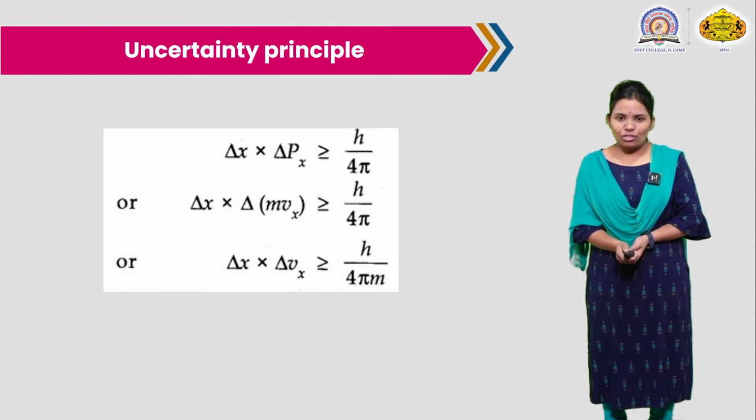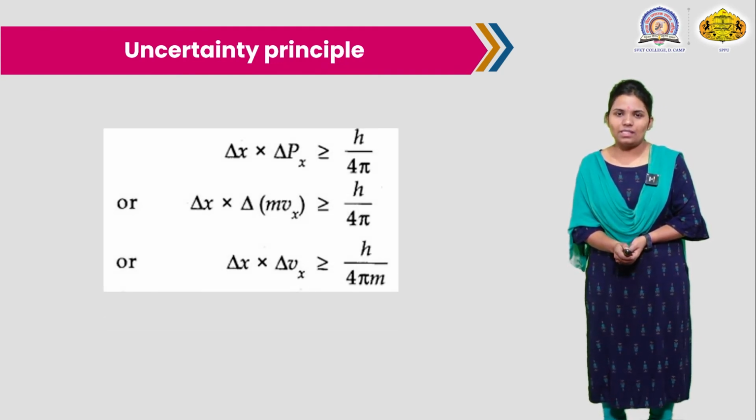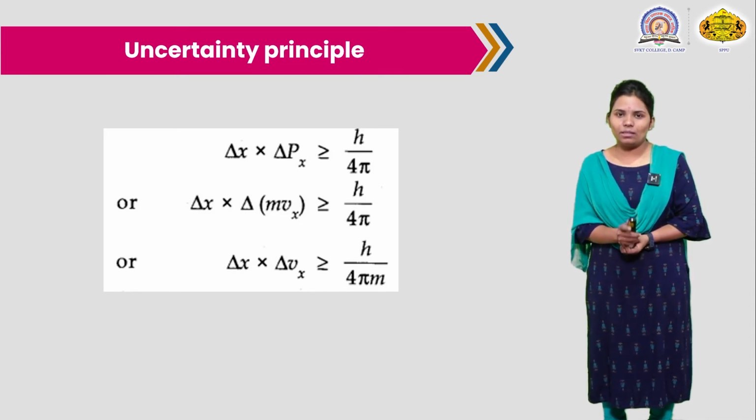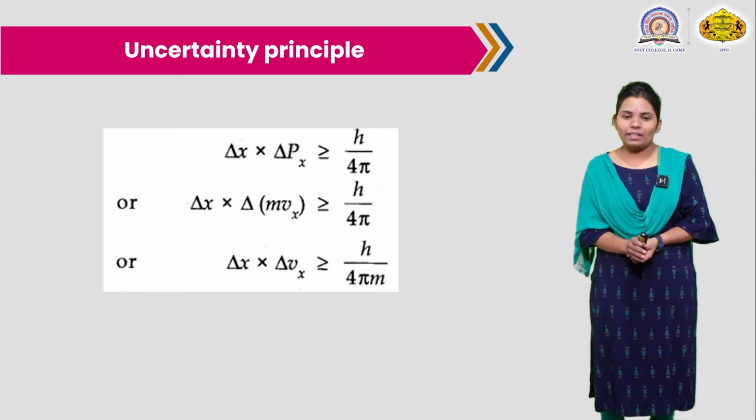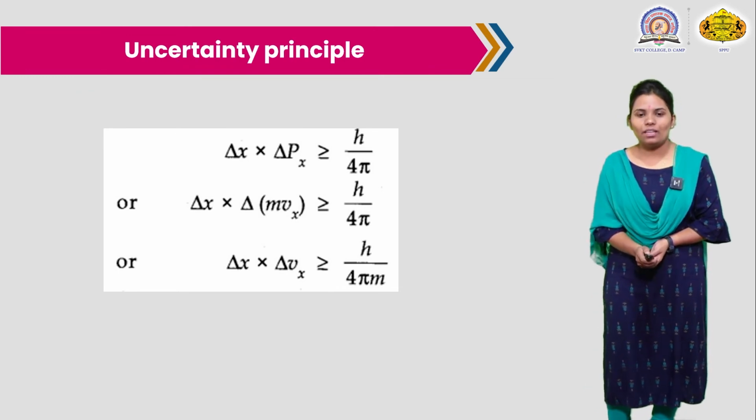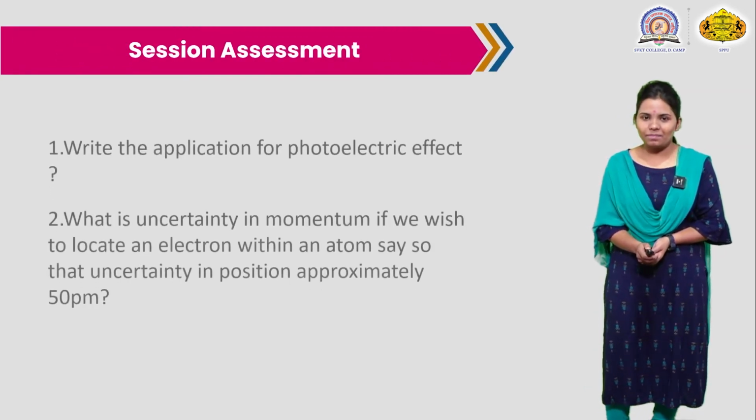Delta x is the position of the electron, and you can also find the velocity from the term delta p, the momentum of the particle, that is mass into velocity. From that you can also calculate the velocity of that particle.